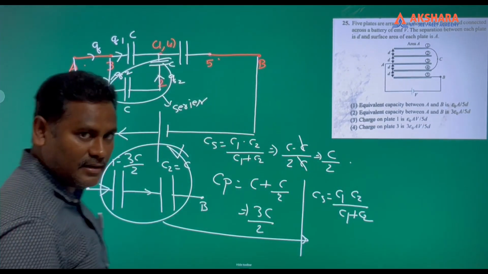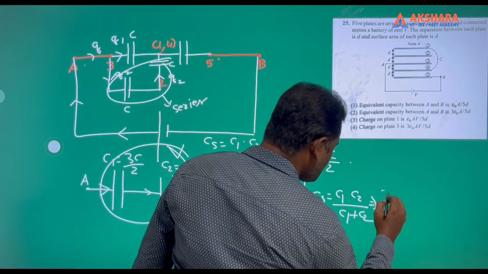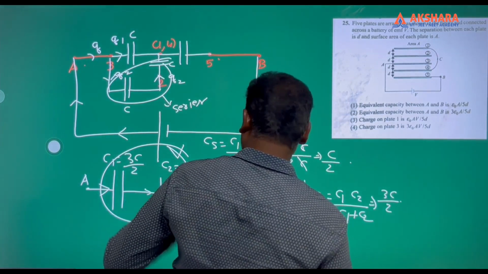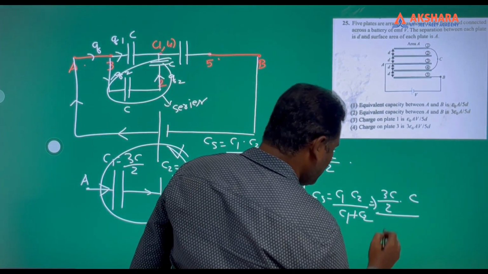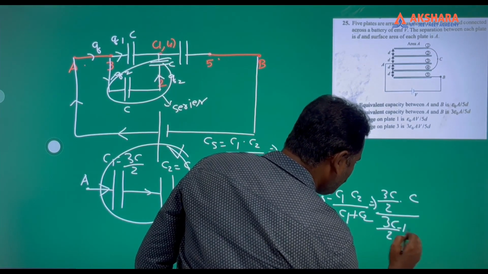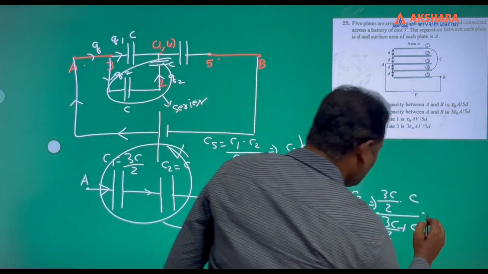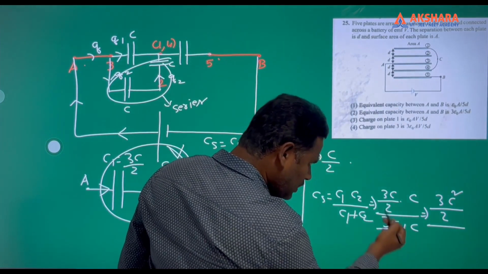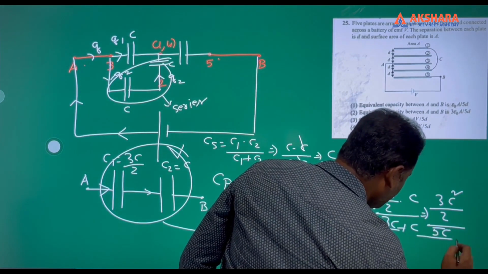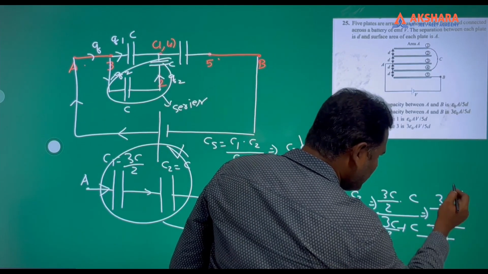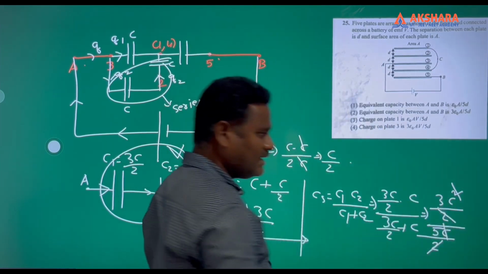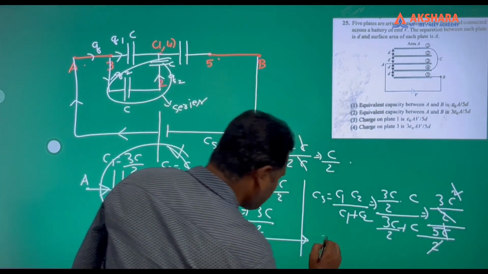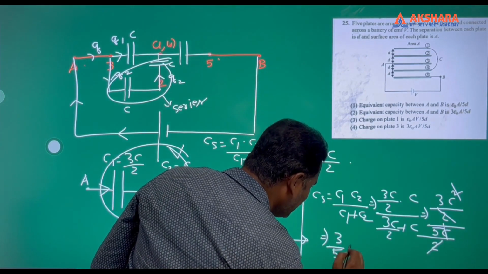C1 is 3C by 2 and C2 is C, divided by 3C by 2 plus C. So this works out to be 3C square by 2 divided by 2C plus 3C, 5C divided by 2. C and C cancel, 2 and 2 will get cancelled. So finally we got the expression as 3 by 5 into C.